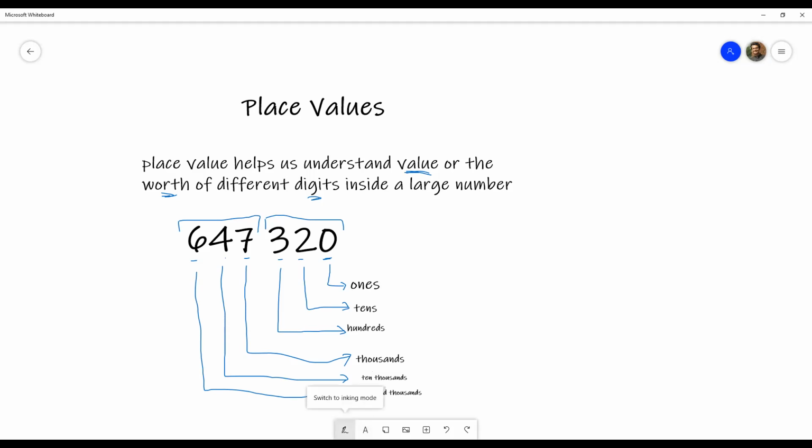Some of you can pronounce it quite well, but if the number keeps getting larger, it's going to be a problem. We're going to learn about it a little bit later. So this is the place where we can say, okay, I don't use this, I will use this one. It's the value of here, it's called thousands, 1,000, or you can say that this is the value of this side.